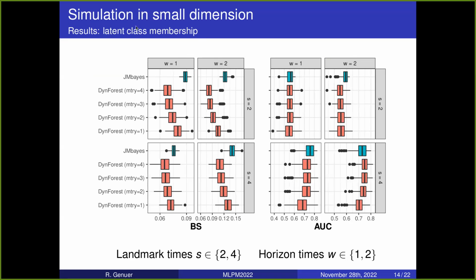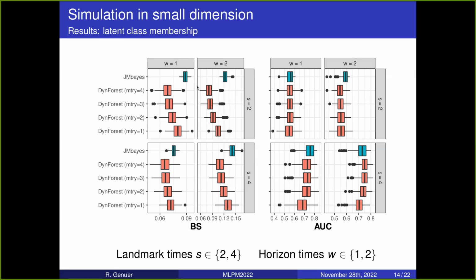Just to show you another scenario where now the nonlinear link between the probability of events and the predictors is through a latent class membership. Again, you have the same effect on mtry.